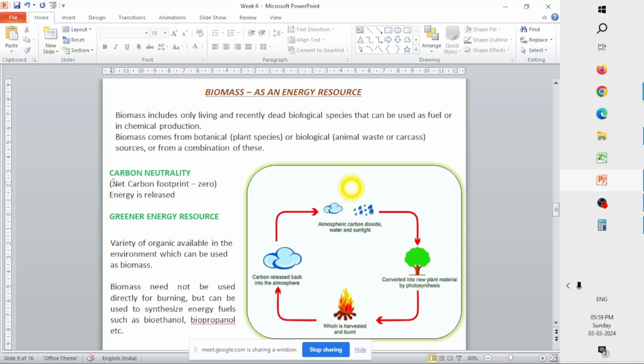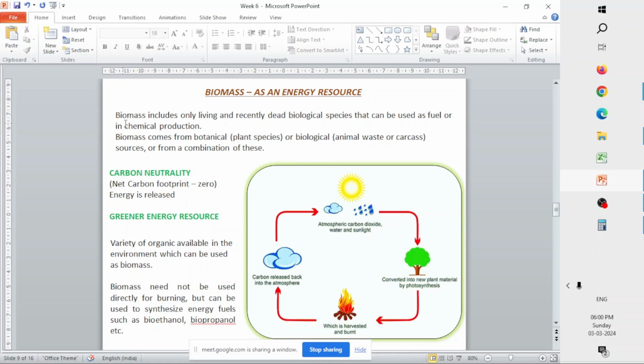That is why it is specifically mentioned in the definition that biomass should be non-fossilized fuels. That is, they remain at the present moment and have not undergone degradation or processing under high temperature and pressure throughout millions of years.